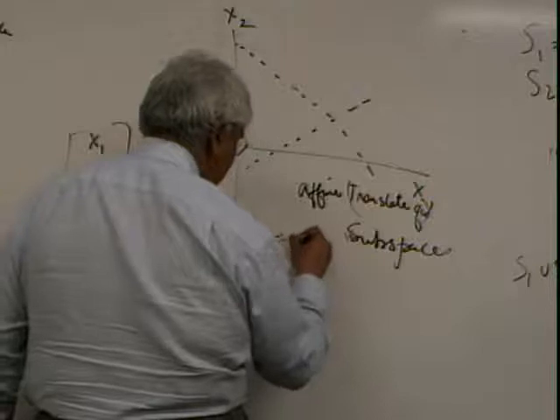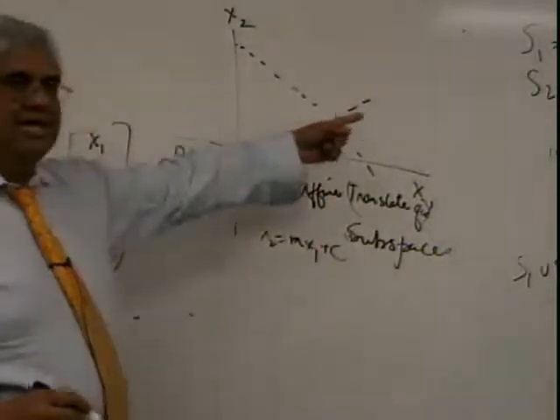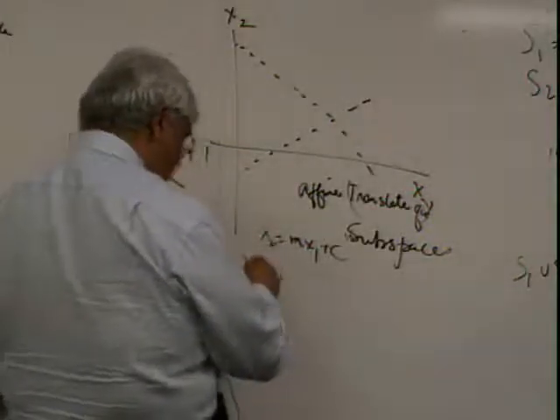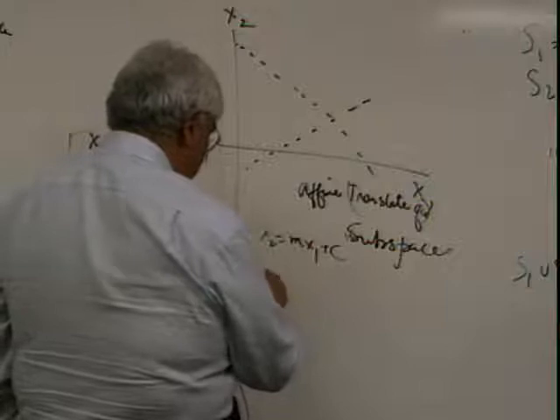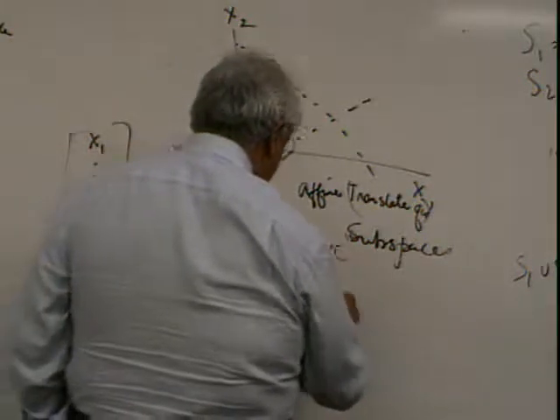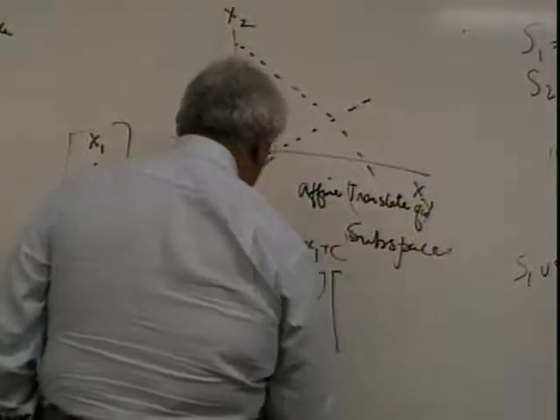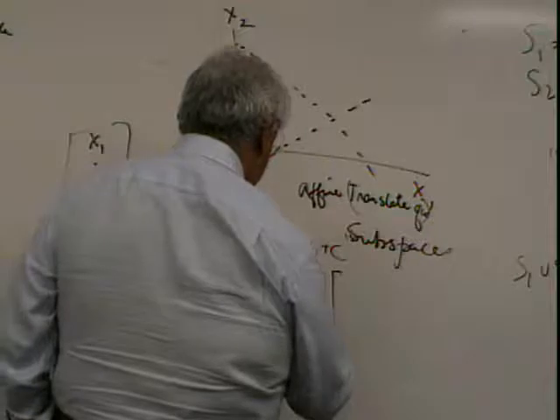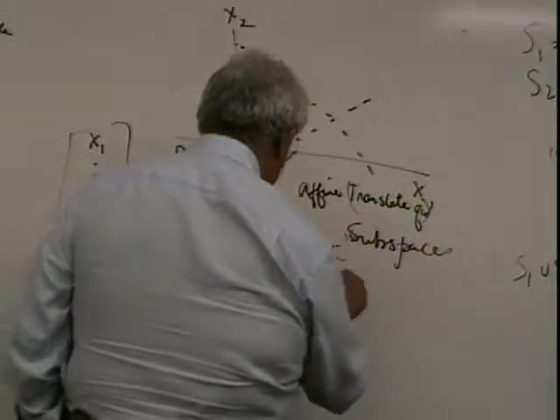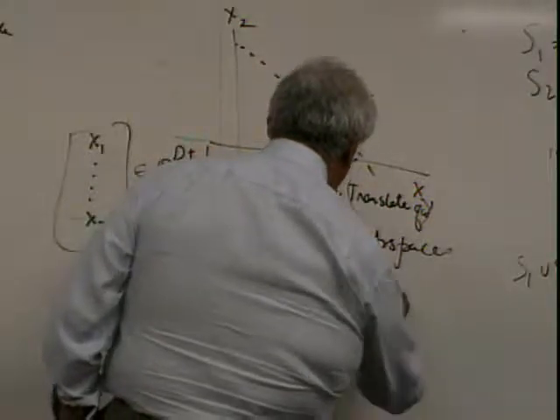x2 equals m x1 plus c. That's what one of these lines looks like. So instead of writing it as a subspace, you could write it as [m, -1, c] times [x1, x2, 1] equals 0.